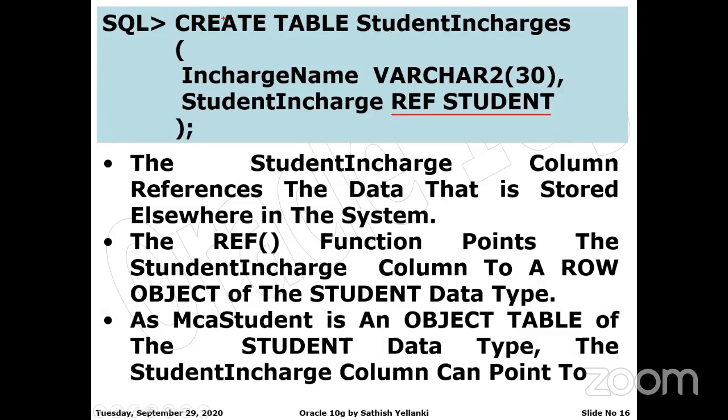Now this is looking like a normal table that we are creating, yes or no? But this is a very interesting table, where you watch this column called in charge name. This column called in charge name is having which data type? Can you just tell me? It's containing your primitive relational data type.